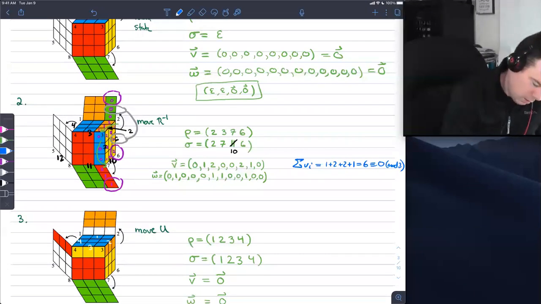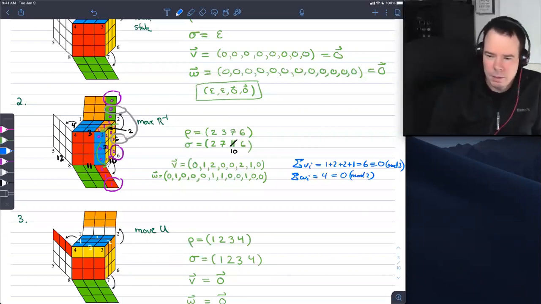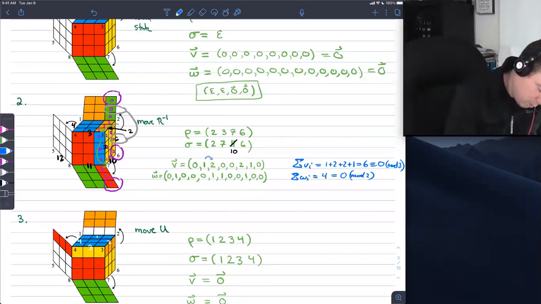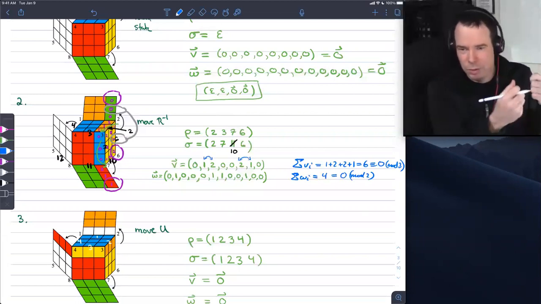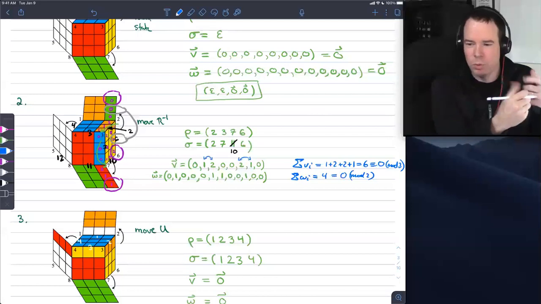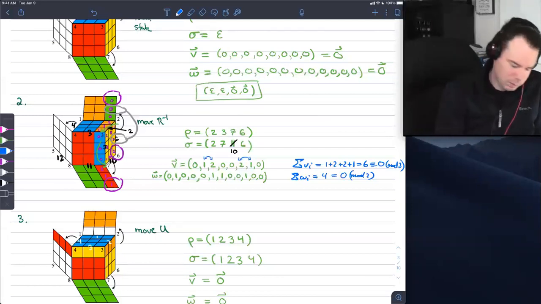And then the sum of the WI's is 1 plus 1, 1, 1, so there's 4 1s. So the sum is 4, which is 0 mod 2. So an even number of 1s. And this one's telling us that they have been twisted in pairs. There's a clockwise, counterclockwise pairing that happens. Two corners in a pair have counterclockwise, clockwise, which we can fix. And another 2 have a clockwise, counterclockwise pairing, which we can fix.